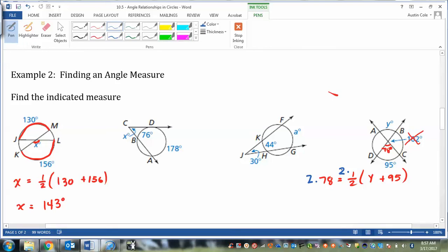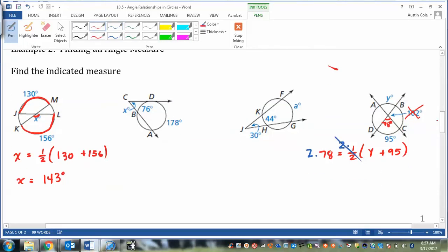So those would cancel. 78 times 2 is 156. So I get 156 equals y plus 95. And then to solve for y, I'm going to minus 95 on both sides. What do we get? 61 degrees. So y, the measure of that arc, is 61.